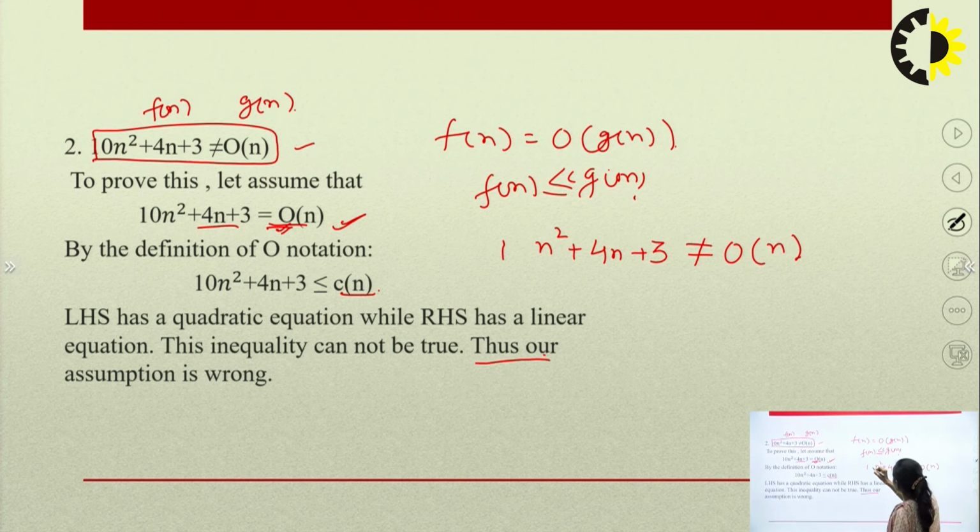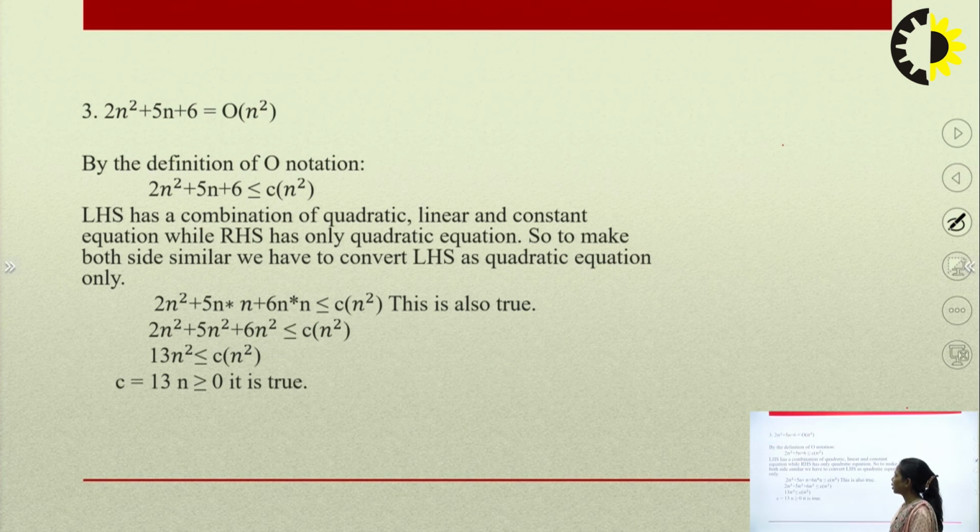Fine. Hope it is clear. Now we come to our next and last question. What does the last question say? The last question says 2n square plus 5n plus 6 is equal to big O of n square.